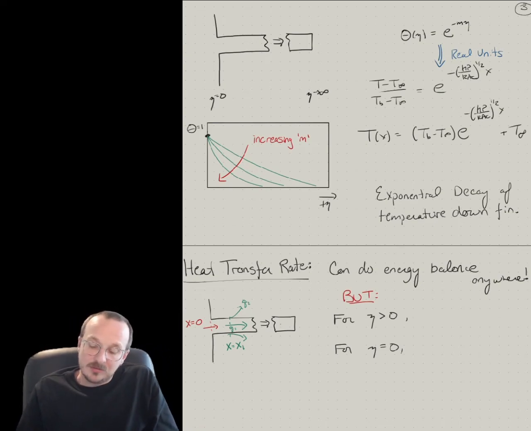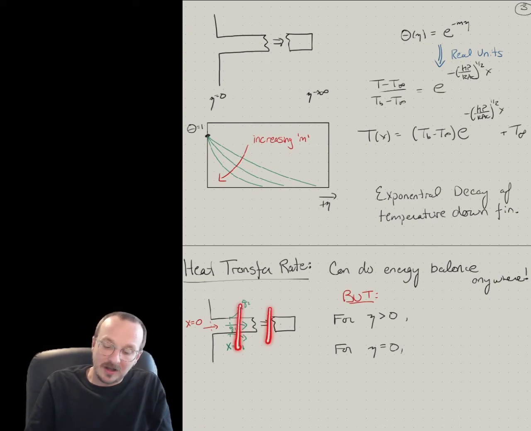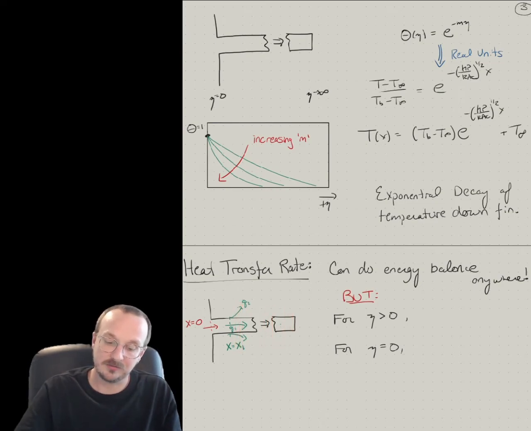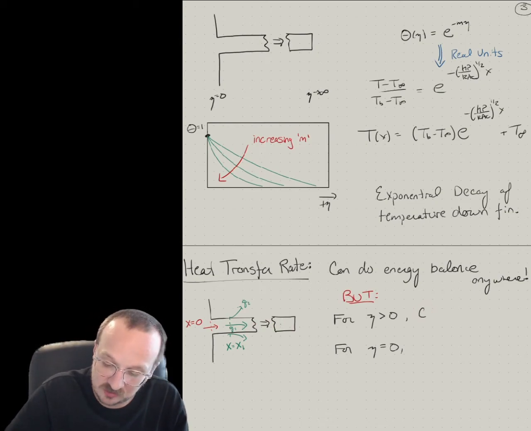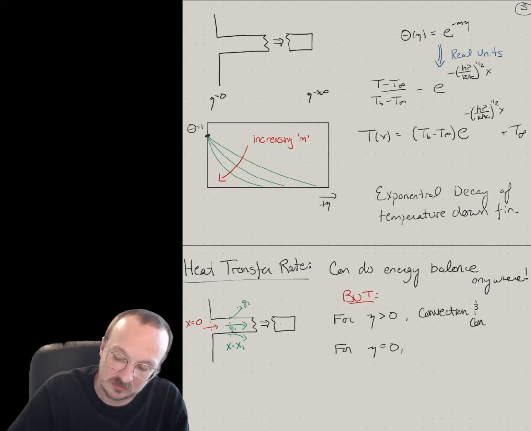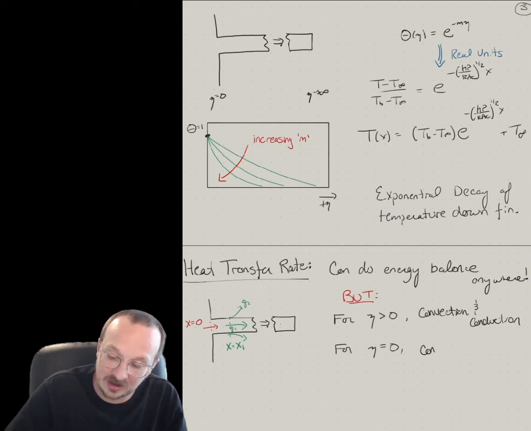For a fin, though, you need to be very careful where you evaluate Q. Because for Z greater than 0, meaning somewhere down the length of the fin, you have convection and conduction, okay? Whereas at Z equals 0, you only have conduction, okay?